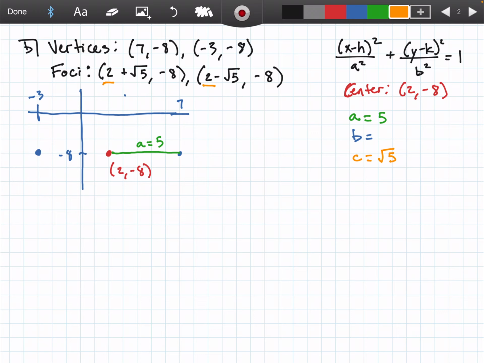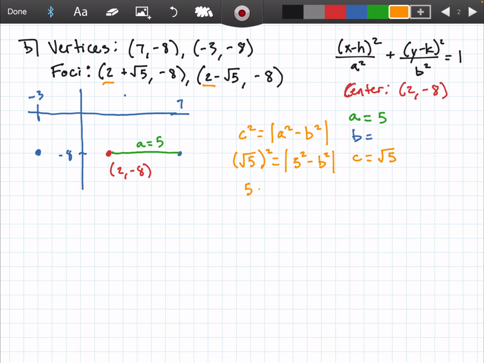So I can use this equation, that C squared equals the absolute value of A squared minus B squared, to find B. So I can just plug in what I know, which is square root of 5 squared equals the absolute value of 5 squared minus B squared.